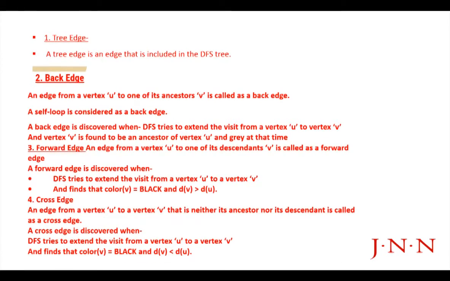When a cross edge is discovered, depth first search tries to extend the visit from vertex U to vertex V and finds that the color of V is black, and similarly the discovery time of that vertex is less than the discovery time of U.